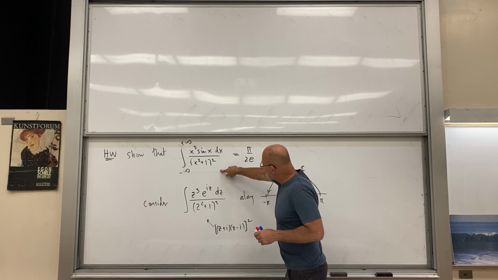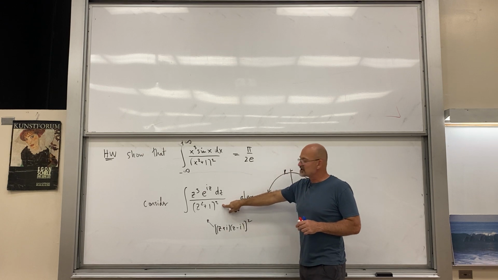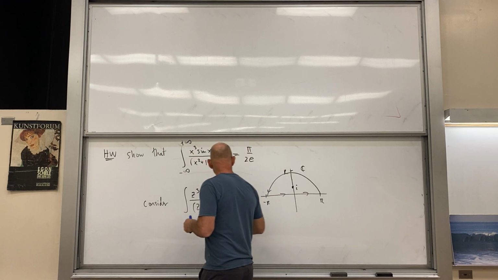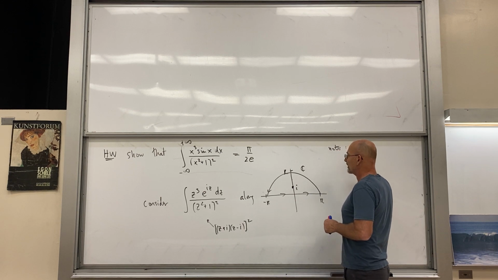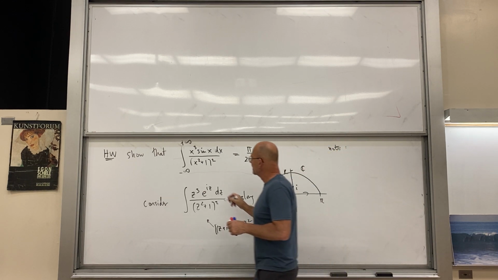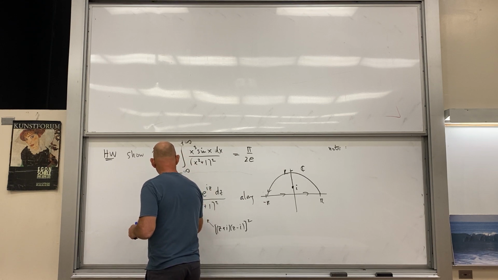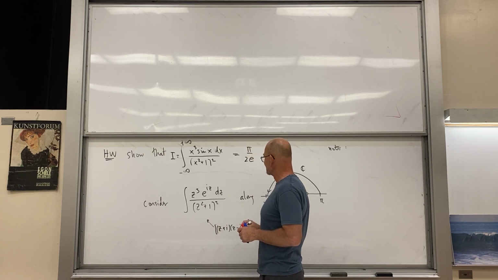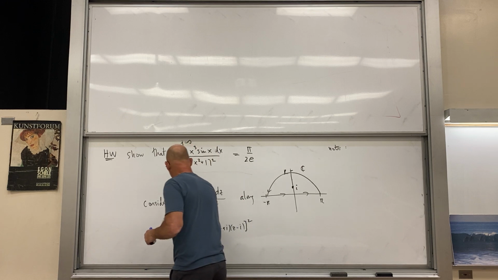Along the real axis, this integral is just the imaginary part, okay? I'm just going to put some notes. I give these a name. Let's call this integral I, and this here I prime.